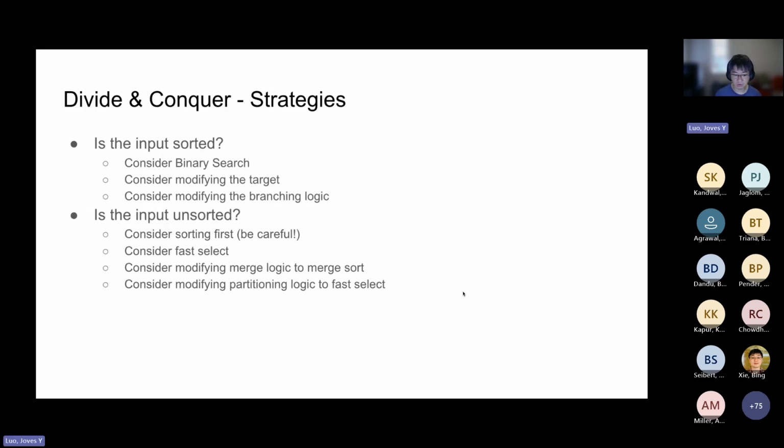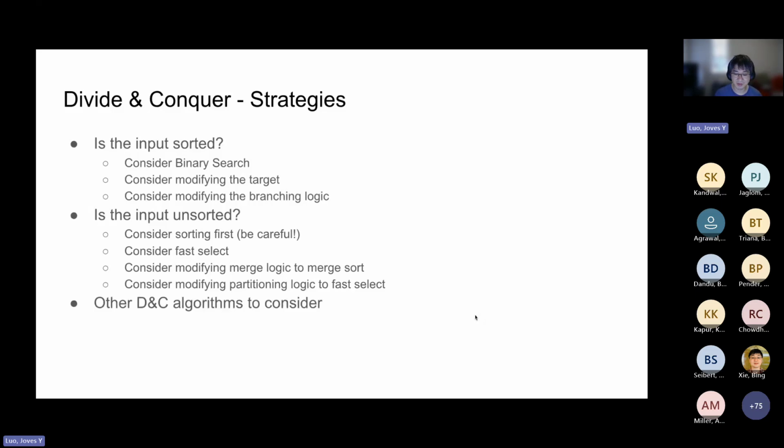If you are working with fast select, consider modifying the partitioning logic, right? You're partitioning based on everything less than p, equal to p, greater than p. There's a potential of changing that to fit what your problem is requiring. So that's one consideration.